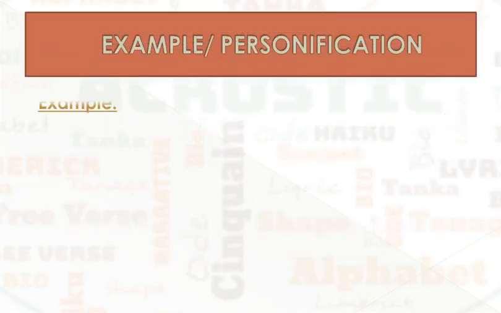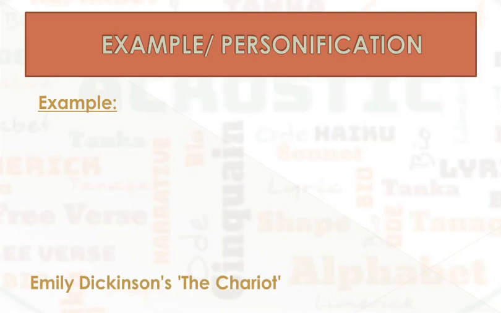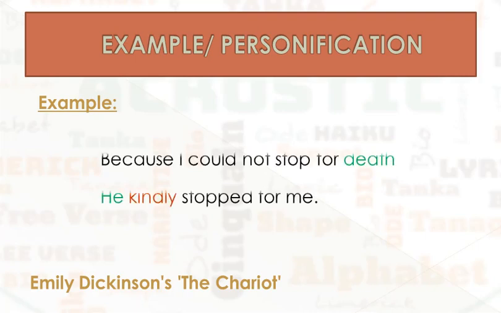For example, in her poem "The Chariot," Emily Dickinson said, "Because I could not stop for death, he kindly stopped for me." Actually, in these two lines, we have personification because we have an abstract idea which is death. And with this abstract idea, we use the pronoun it because it is an inanimate object or thing.